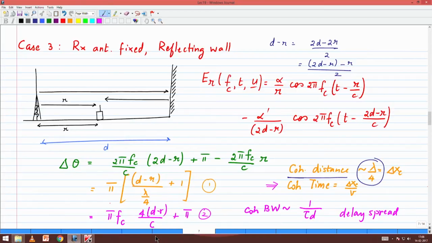That will change constructive addition to destructive or destructive to constructive, and we showed that (4d minus r) by c is related to the time difference between the two paths. So the difference between the first multipath component and the last multipath component is what we refer to as the delay spread, and the coherence bandwidth is inversely proportional to the delay spread.